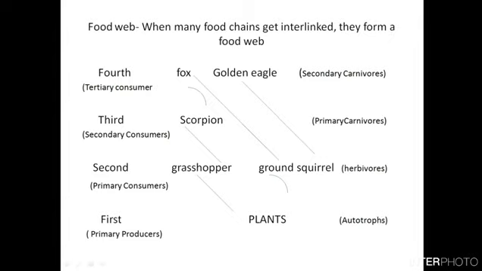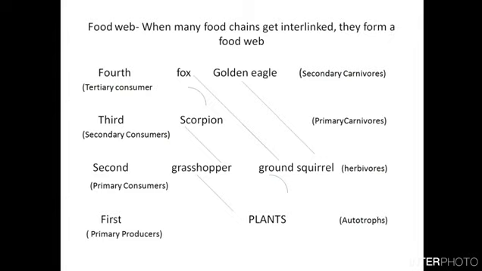This is the third food chain. So you can see there is one food chain here, this is the second food chain, and this is the third food chain.